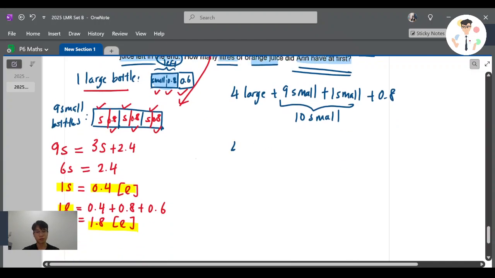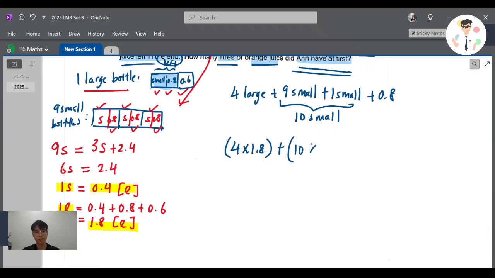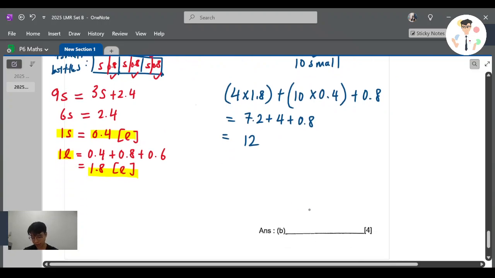So 4 large, so 4 times 1.8. 10 small, so 10 times 0.4 plus 0.8. So if you put it in your calculator, you should get 7.2 plus 4 plus 0.8. And your final answer should give you 12. Okay? And your answer here is 12 liters.